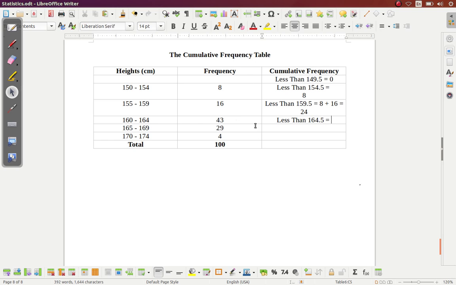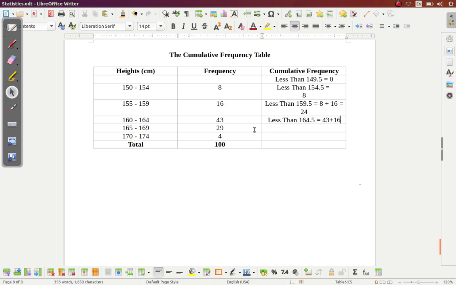It's going to be all who are less than 164.5 up to 159.5, which is the 43, plus all of these, also measure less than 164.5, so you have to add the 16. 16 of them are between 154.5 and 159.5.